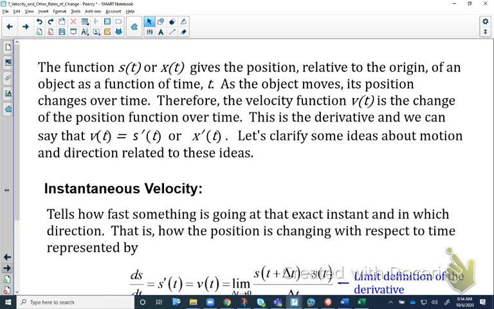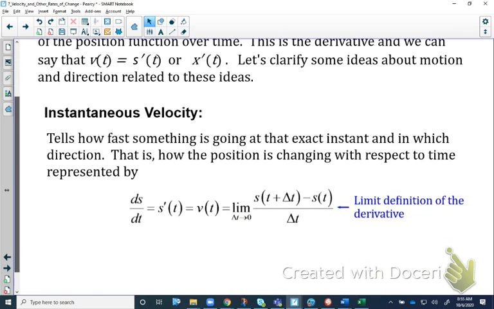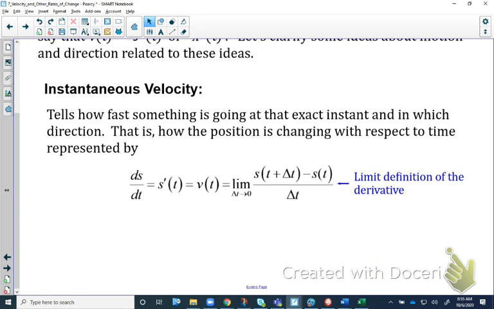As an object moves, its position changes over time, therefore the velocity can change over time. And the velocity is the derivative of the position function. So here we're going to be looking at terms of instantaneous velocity and how it's related to the position function.